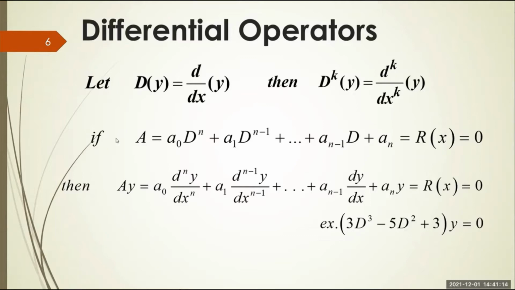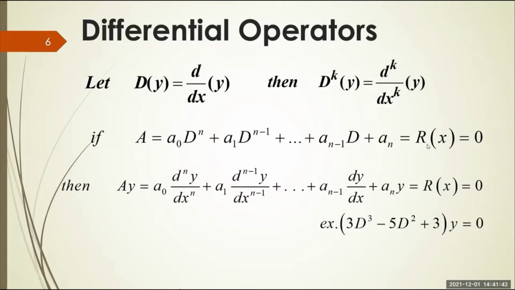So for example, let's say a is equal to a sub 0, a sub 1, a sub n minus 1, and so on. Basically, these are the constant coefficient multipliers of the differential operators. So that's the nth order differential operator, and then it becomes lower until it's just the constant.